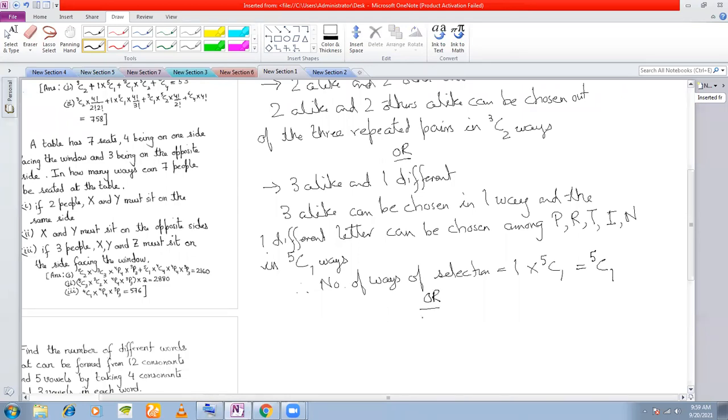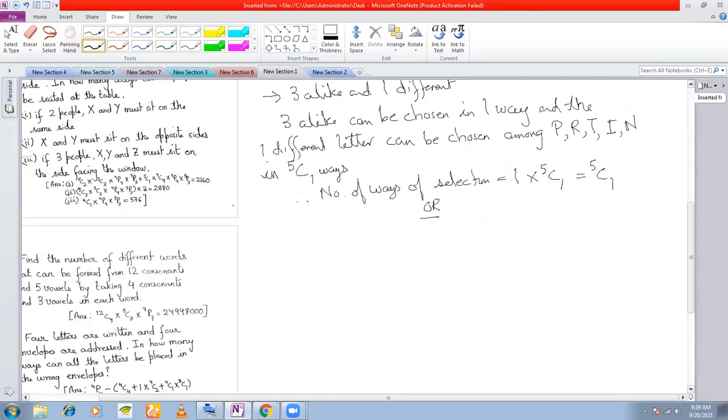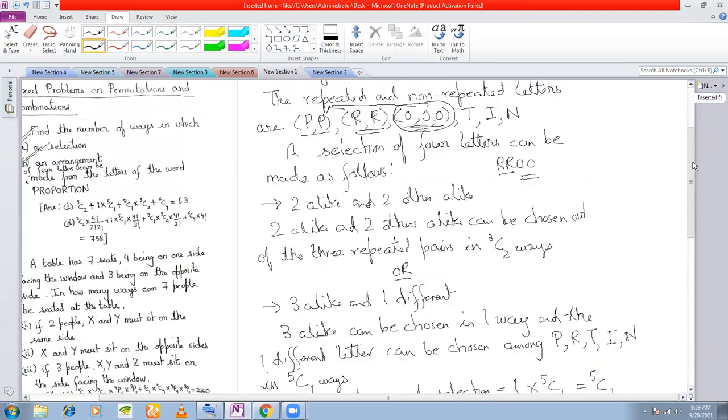Or what can be the other option? You can have two alike and two others different. So how can you select two alike? How many alike here?